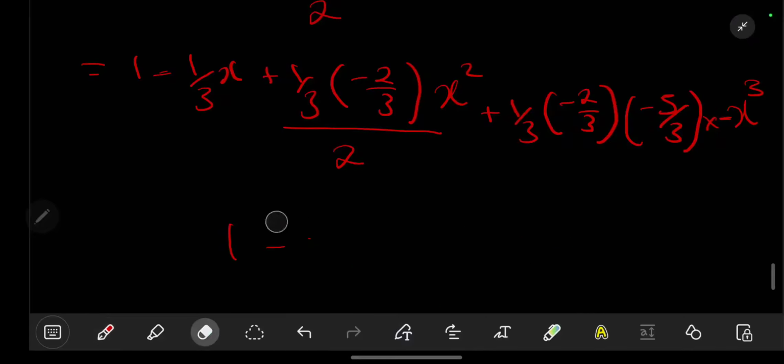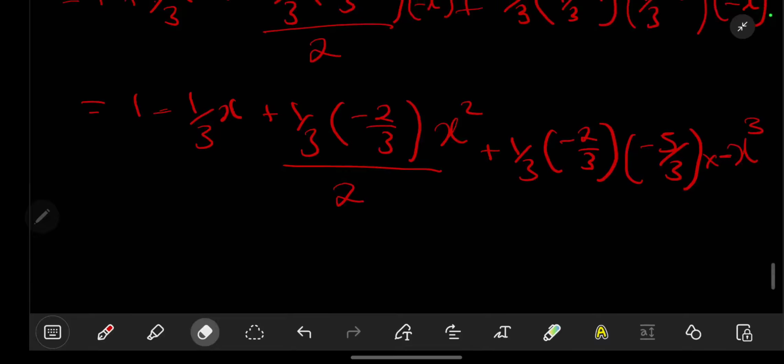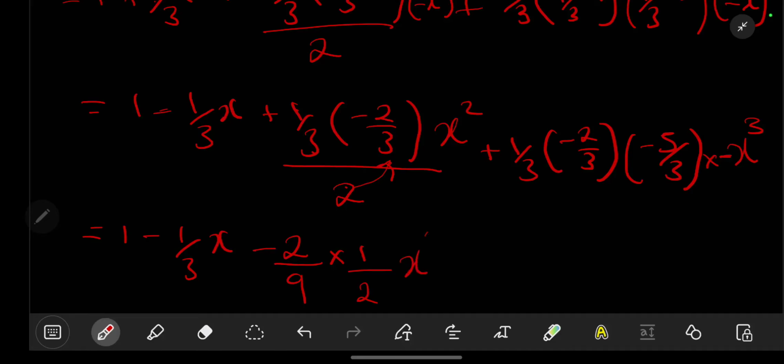With these terms, we are going to have something like 1 minus 1 over 3 x. Then we multiply 1 times negative 2, it will be negative 2 over 3 times 3, it will be 9 like that. Then this 2, it will go like that. So all you have to do is just multiply it by saying 1 over 2 like that. So that's how we multiply.